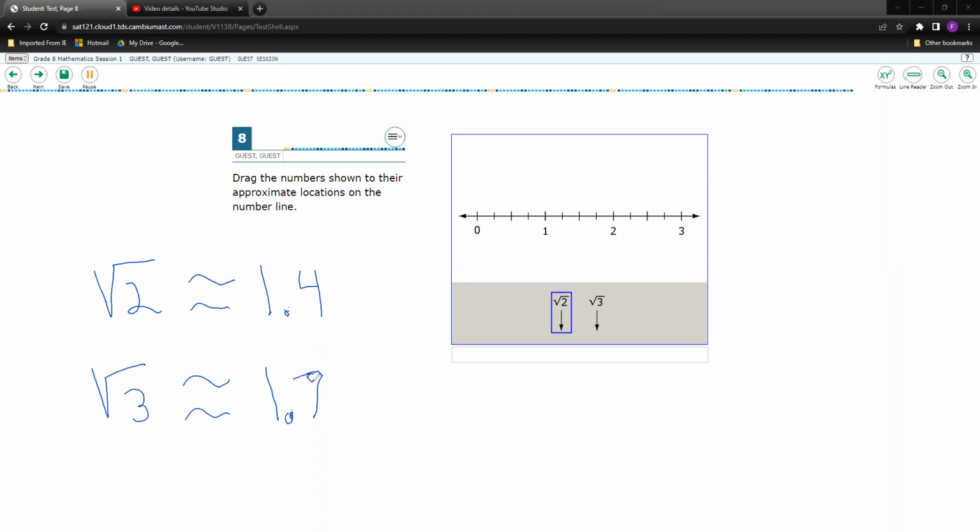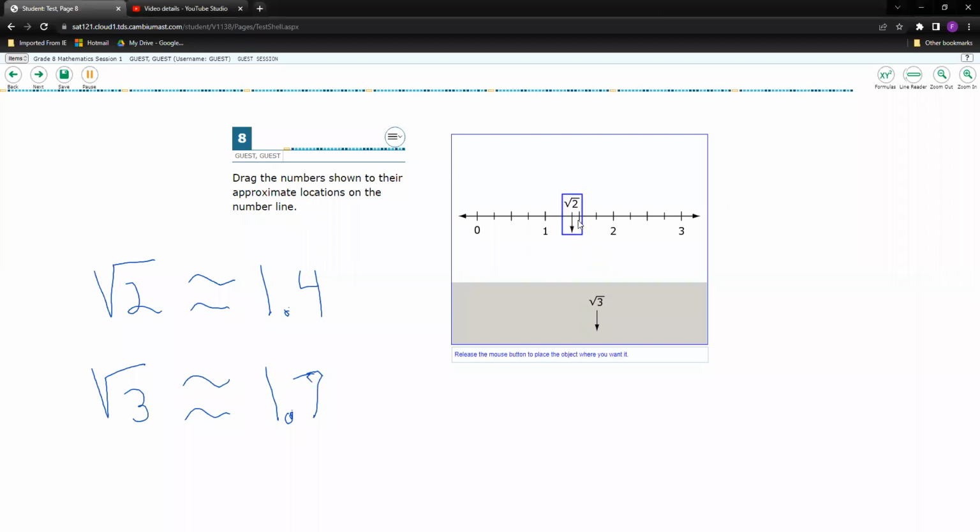So let me try to drop that. This is something you need to memorize, so if you get this question, you know more or less where to place the radicals, the square roots, and that's all there is to it. Remember 1.4 and 1.7 for radical 2 and radical 3.